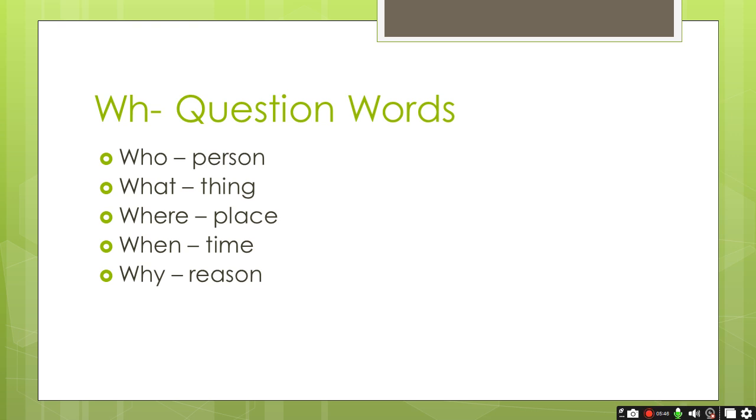Why? This why is used to ask for a reason. How? We use this how to ask for manner. We also have which. We use this WH question which to ask for choice or option.